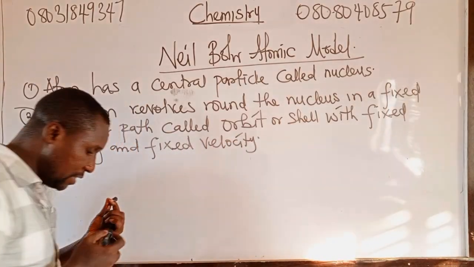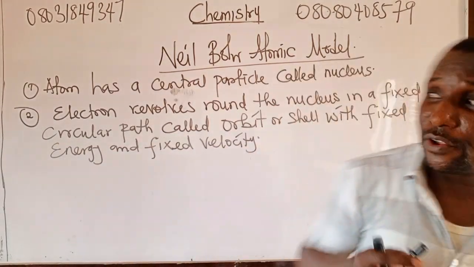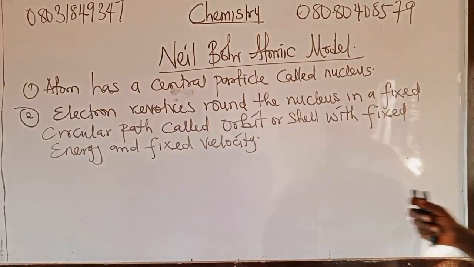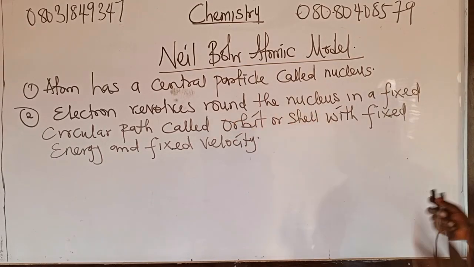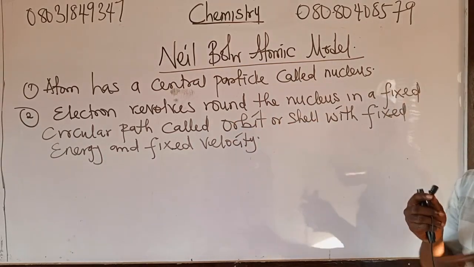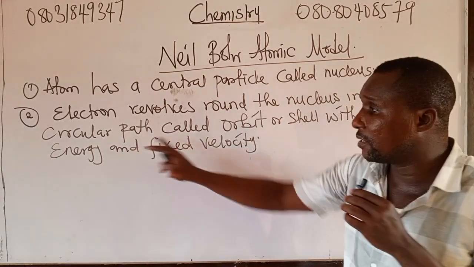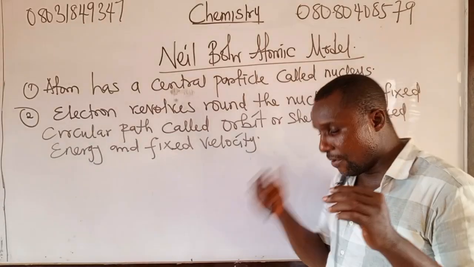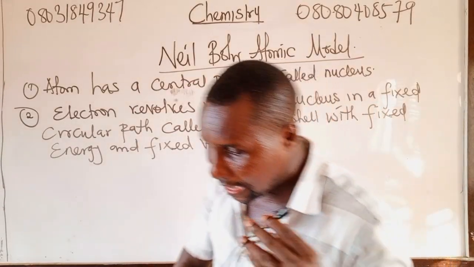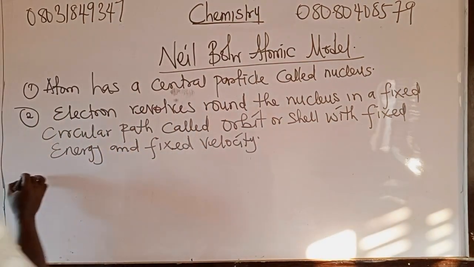Take note of that. Electron revolves round the nucleus in a fixed circular path called orbit or shell, with fixed energy and fixed velocity.